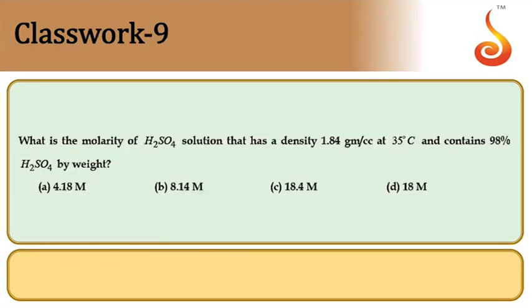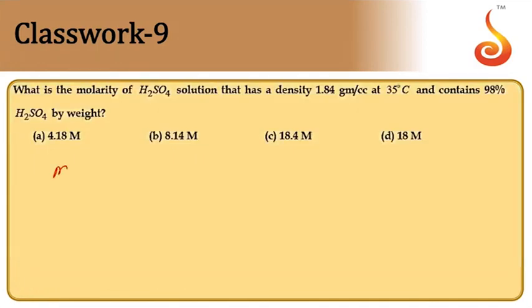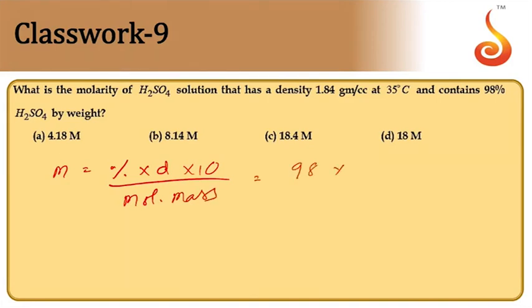Then next one. What is the molarity of sulfuric acid having a density of 1.84 grams per cc containing 98% of sulfuric acid by weight? We have a direct formula for this. Molarity is given as percentage into density into 10 by molar mass. So 98 percentage, density 1.84 into 10, molar mass is 98 for sulfuric acid.